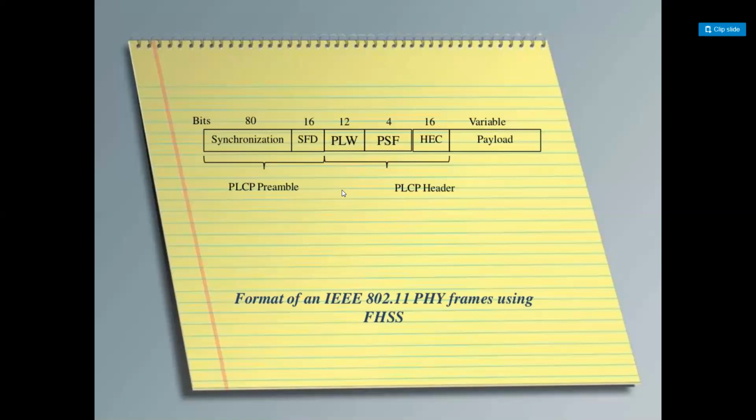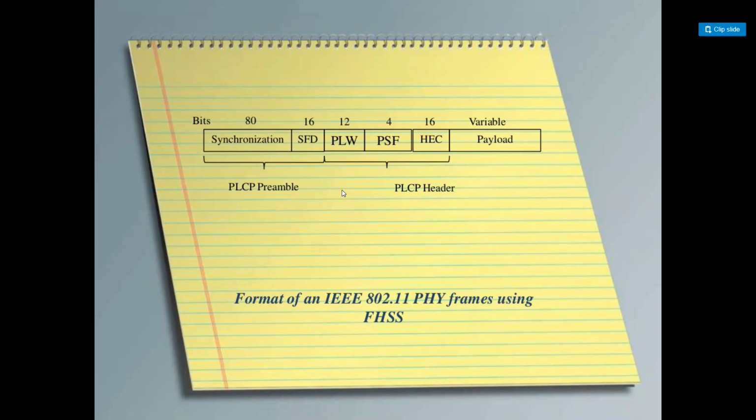Just try to understand, students. You may have one doubt, sir: you are telling about the physical layer, then what is the frame? PLCP is the upper sublayer of the physical layer, right?